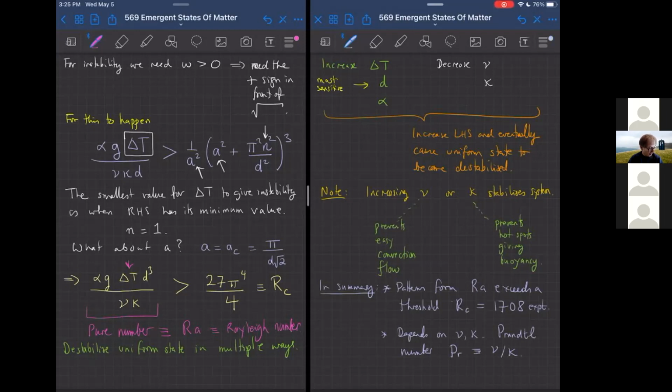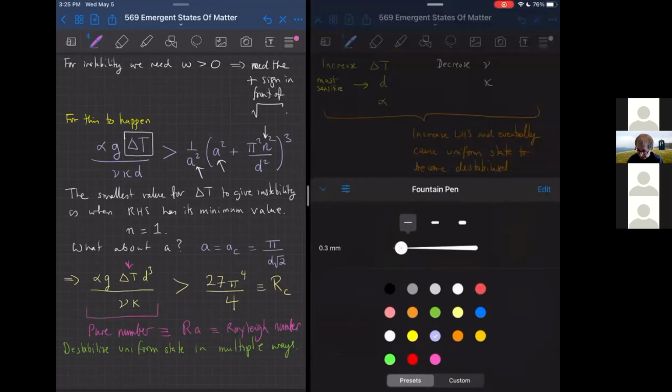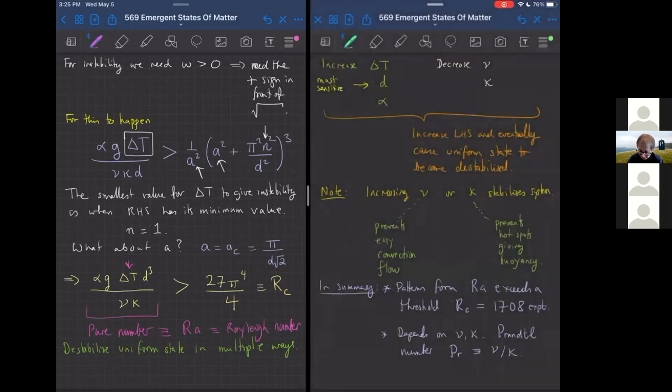And what I want to do next is to talk a little bit about what kind of patterns we get, and then ask another question: how stable are those patterns themselves? We're not going to do this today. We're finished with today's lecture. But the next thing that we're going to talk about in the lecture is what are the patterns?